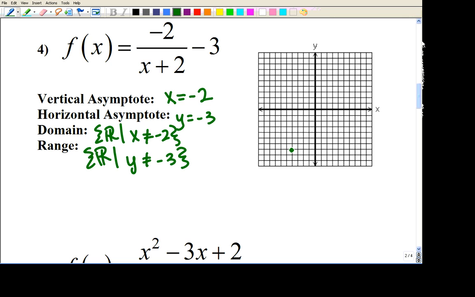So remember, whenever we graph these in class, we would first of all start by putting the asymptotes onto the graph. So we'd have x equals negative 2, so that's going down right here, and then y equals negative 3. Oh, that's too much.